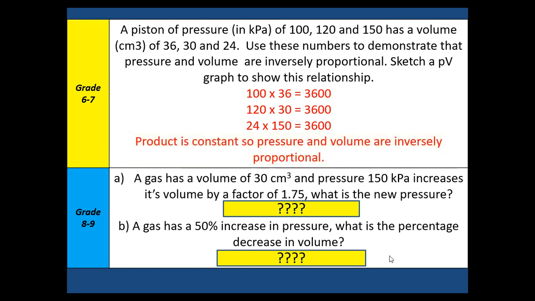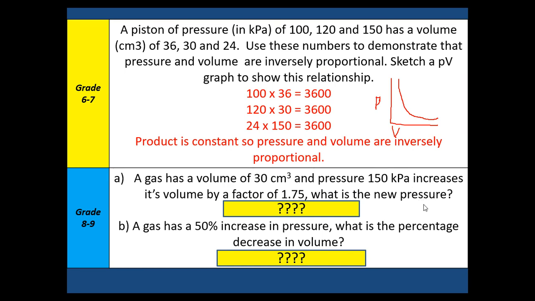So it should be inversely proportional. And then the PV graph to show the relationship should look a bit like this. You should sketch, starts up high, comes down low like that. Let's put a P there, excuse the handwriting, and a V there.